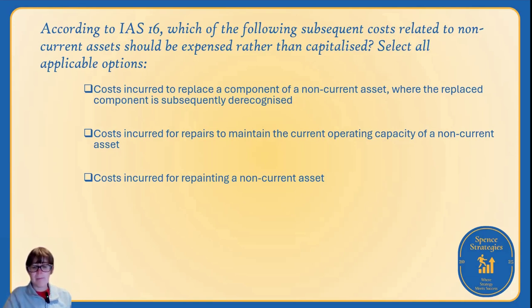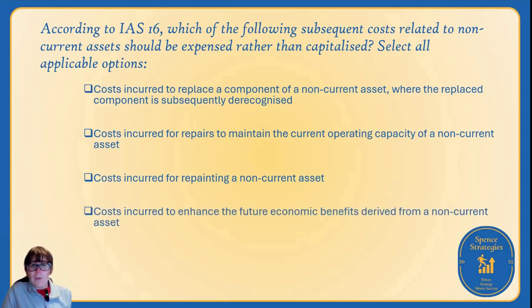Next up, we have our costs which are incurred when we enhance the future economic benefits derived from a non-current asset. Well, this is all about IAS 16. IAS 16 states that we can only capitalise our non-current assets if it brings about future economic benefits for the business.